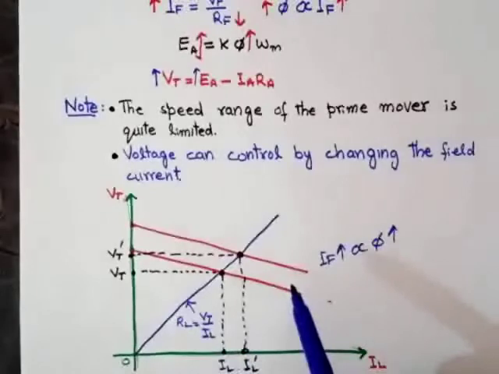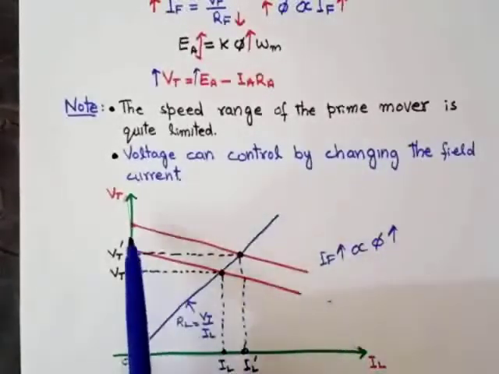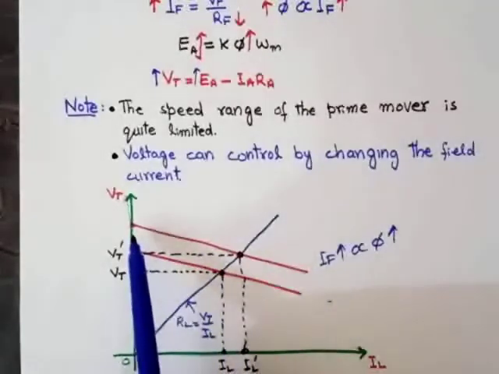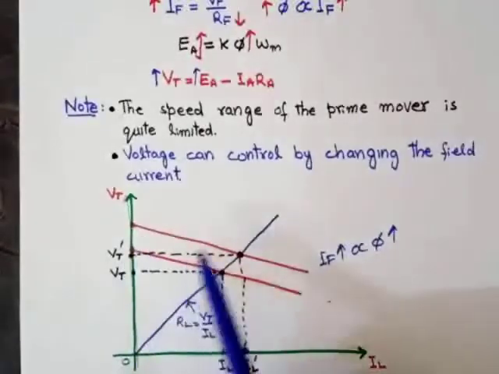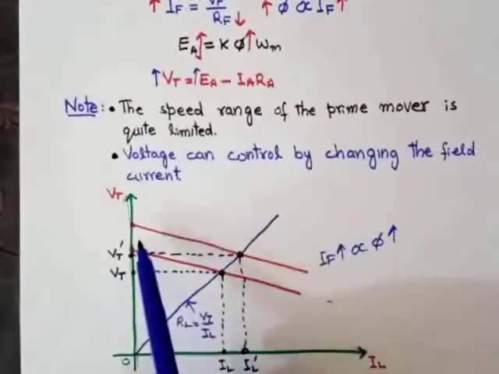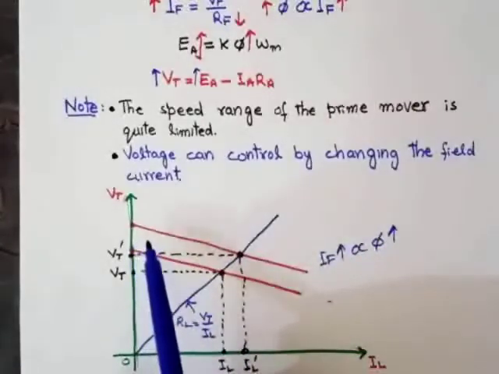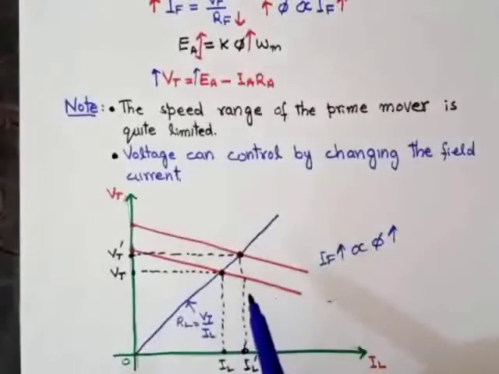When we increase the field current, the flux will increase. Due to this, the internal generated voltage will increase, and the terminal voltage is shifted above, because due to the increase in field current, the terminal voltage is increasing.